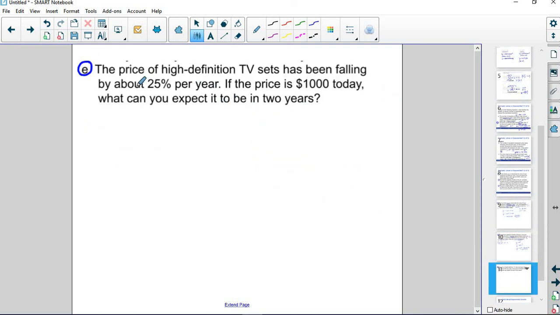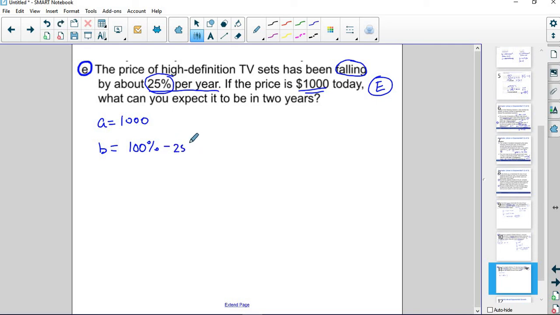Part E, the price of a high-definition TV has been falling about 25% per year. As soon as you see percentage, you know that's exponential. But be careful of how you get the B, okay? A is the starting price, that's $1,000, that's easy. But B, remember, if it's a percentage, it's based off of 100%, and then we add or subtract. We're falling, it's exponential decay, not growth.